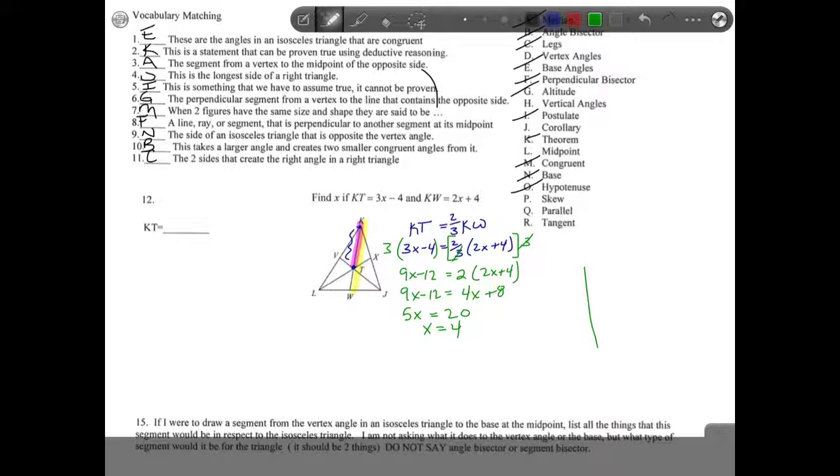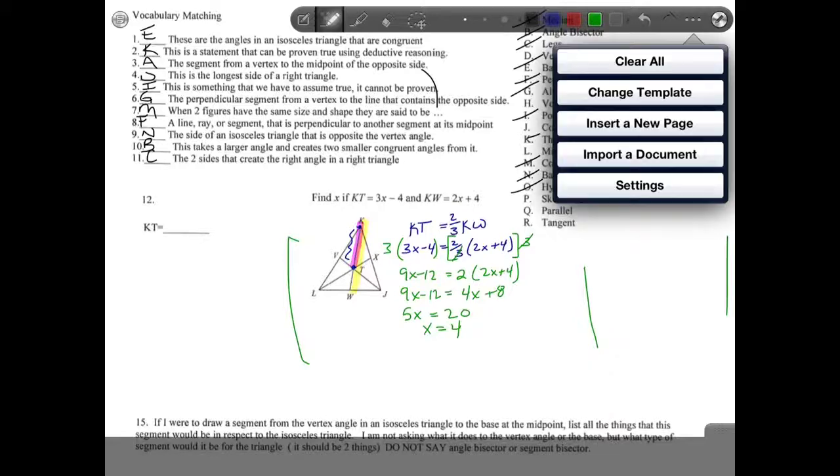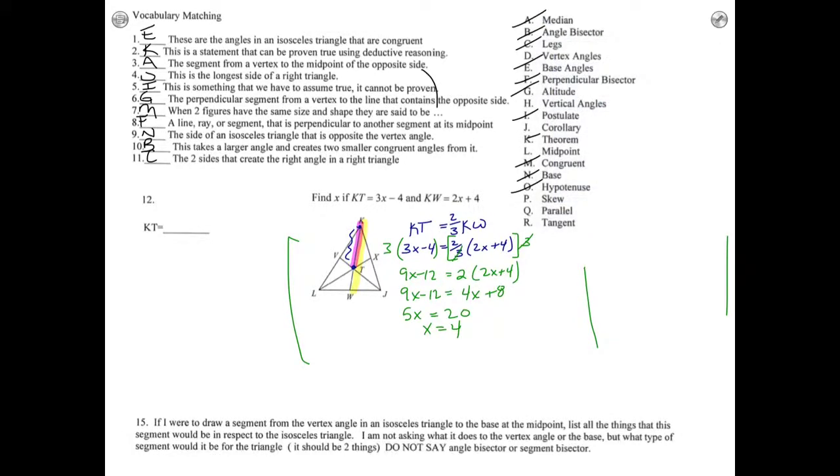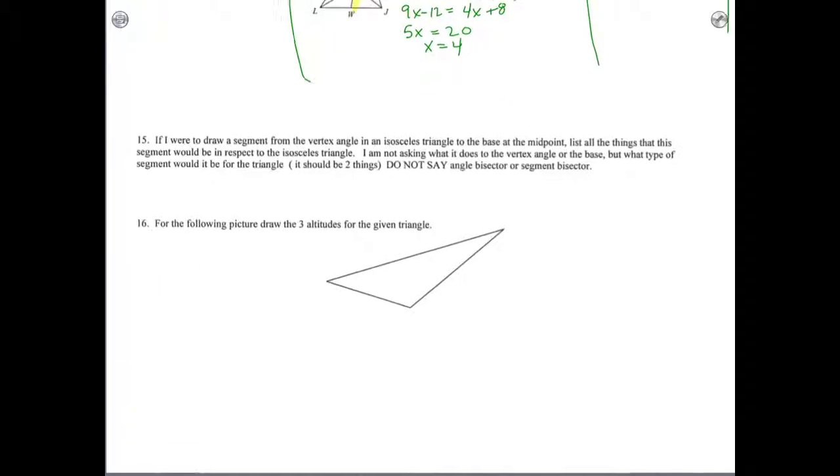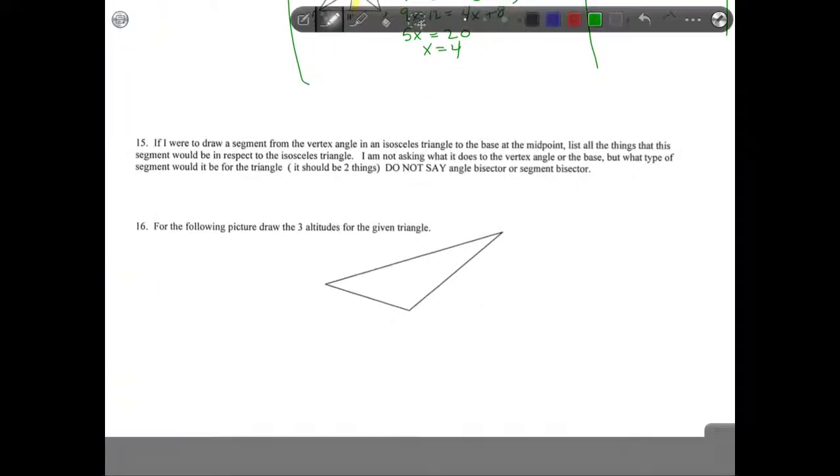Going on then to number 15, maybe if I can scroll down. There we go. It says if I were to draw a segment from a vertex angle in an isosceles triangle to the base at the midpoint, list all the things that this segment would be in respect to the isosceles triangle.